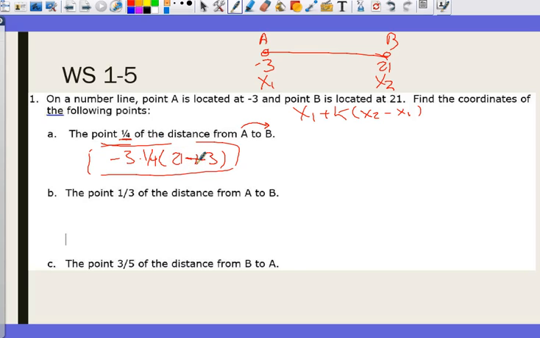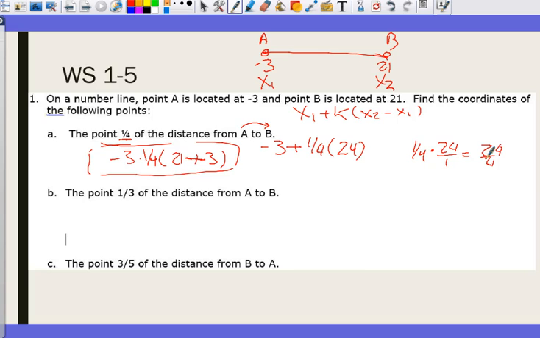So we're going to have -3 plus 1/4 of 24. Multiply these two parts together. We're going to have 1/4 times 24 over 1. 1 times 24 is 24. 4 times 1 is 4. 24 divided by 4 is going to be what? 6.